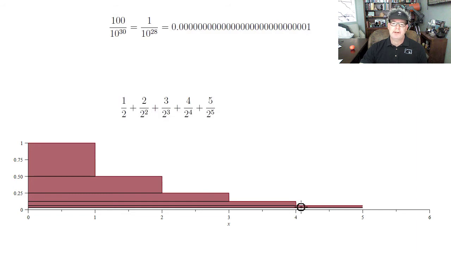Didn't mention, but you can kind of see the area I add is the same as the area left under what's been graphed so far. So n equals 100, we'd have 100 over 2 to the 100, which would be less than 1/10 to the 28. So that area is going to 0 very fast.